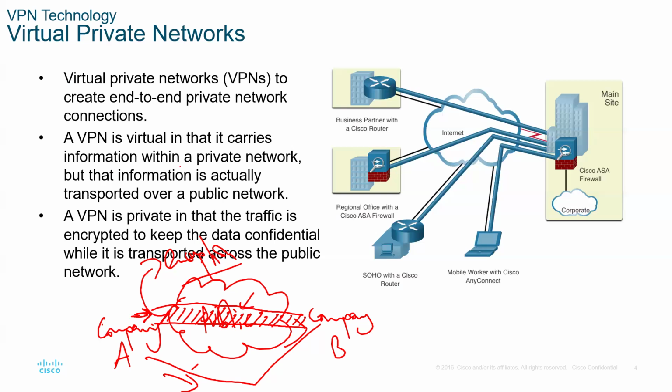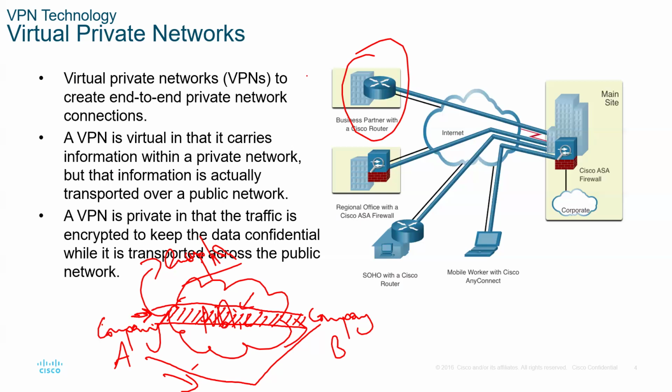Then we have devices that are used. I think you can see from the diagram. We have devices that are used to establish, as well as manage, these connections. So probably a router is one of the devices that is used, especially on site-to-site VPNs. We have two routers, one on each end.